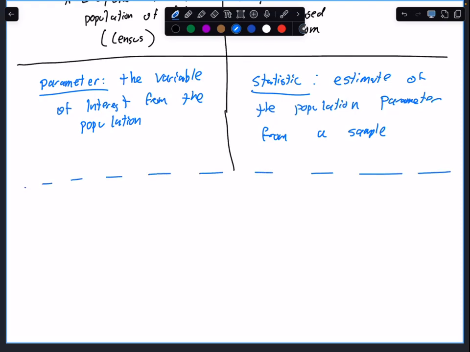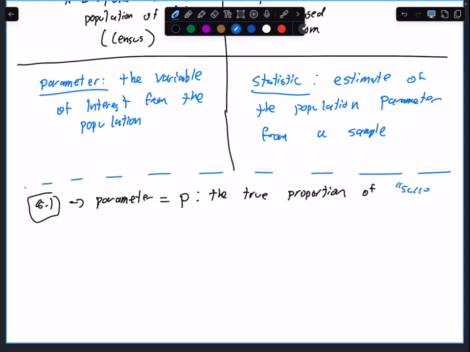Now, today, in 8.1, our parameter is p, which is the true proportion of, and I'm going to put this in quotation marks, "successes" from the population.